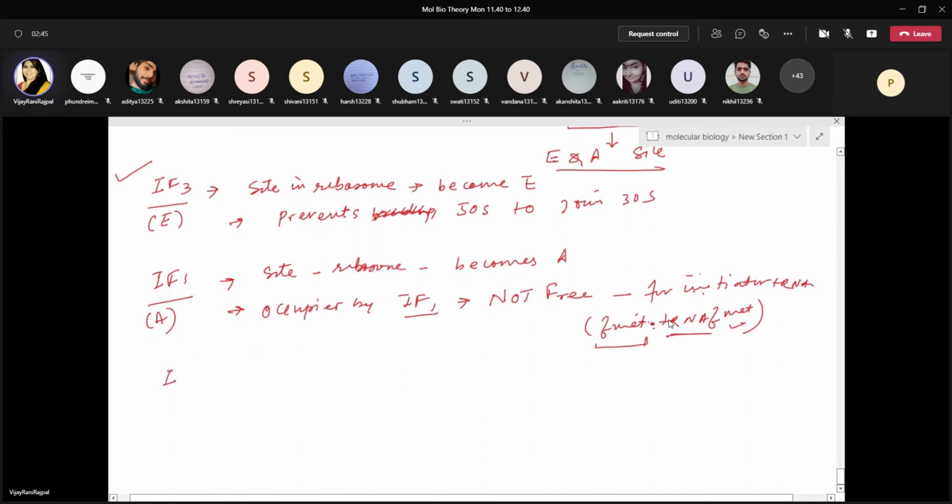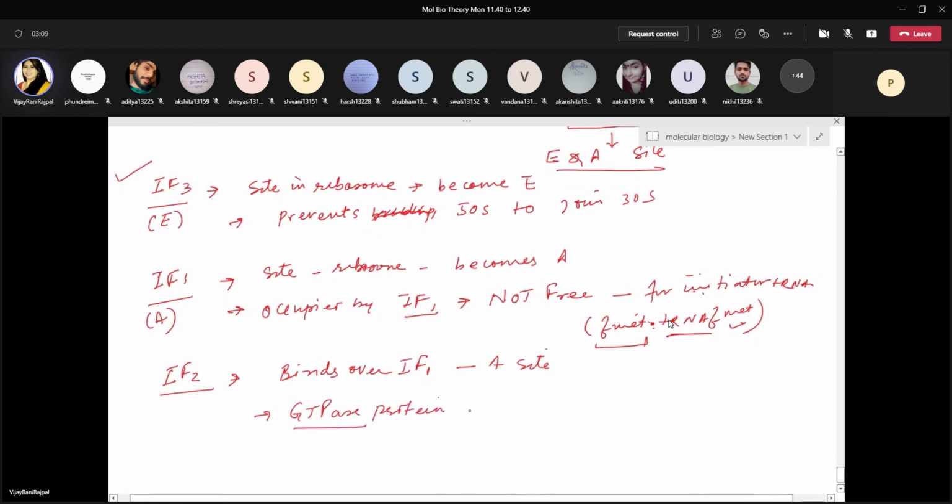Then IF2. IF2 binds over IF1 at the A site, and it is basically a GTPase protein. Do you understand what is a GTPase?